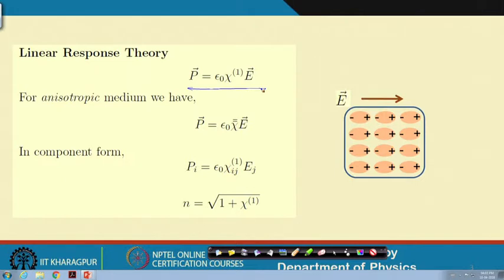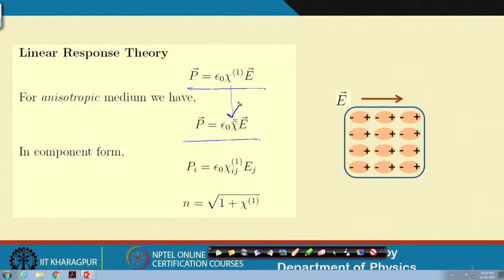We know that in an anisotropic system, in the next equation, the relationship is slightly different, and instead of writing chi we write chi bar bar. We also mentioned in earlier classes that this is a tensor property. That means P x does not depend only on the component E x, rather it also depends on the E y and E z components.